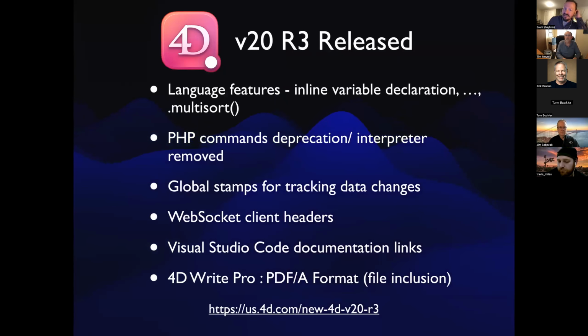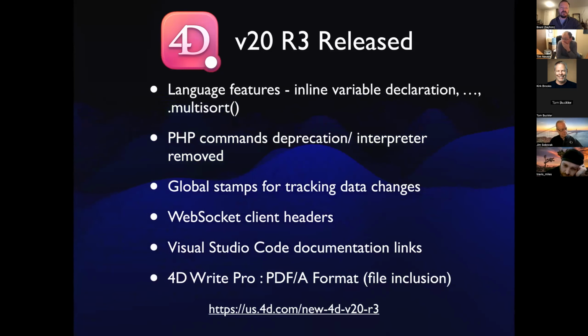Another big change: the global stamps for tracking data changes. That's something you do have to enable, I believe, per table, but that's a nice offering for 4D applications, not only for tracking changes for each record and for each table, but also for optimizing the sending of data over the wire.